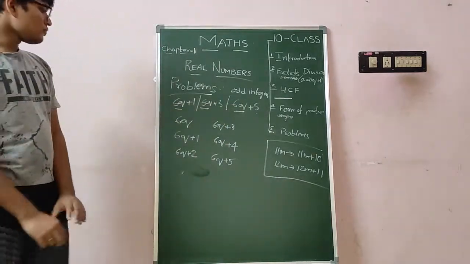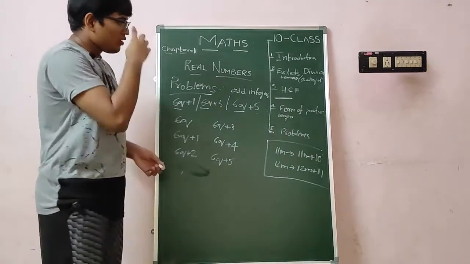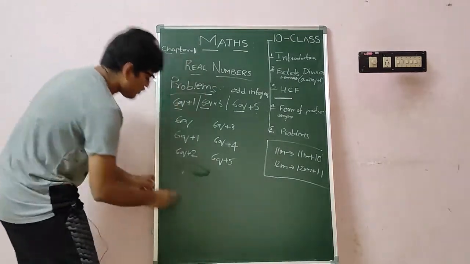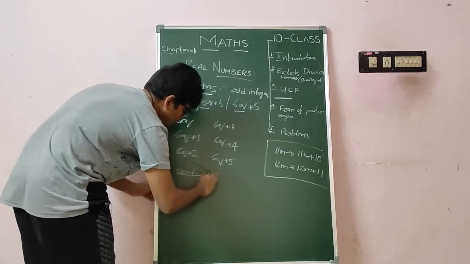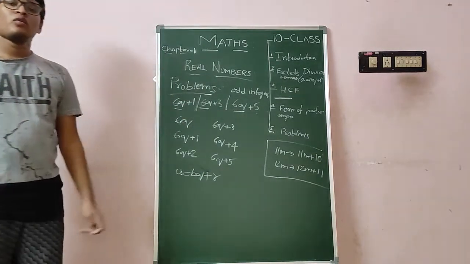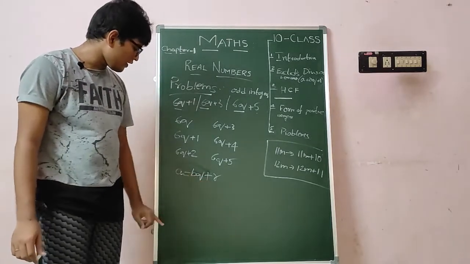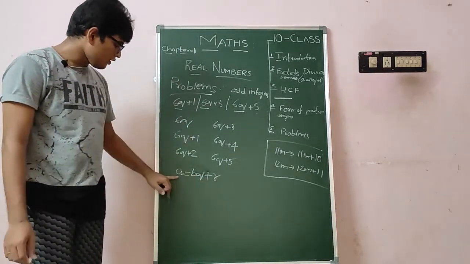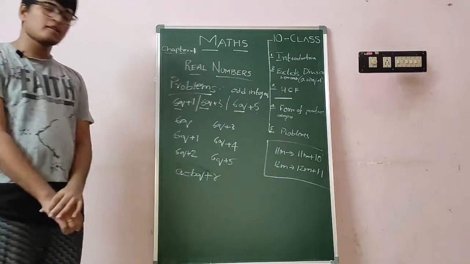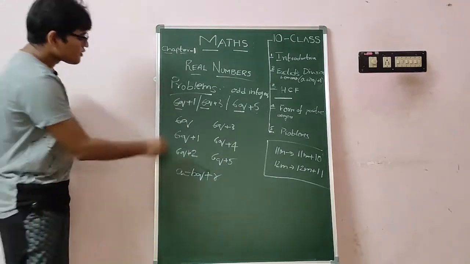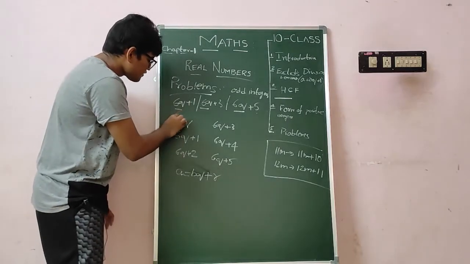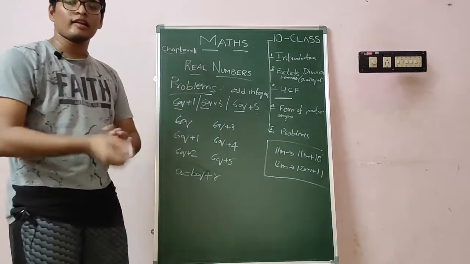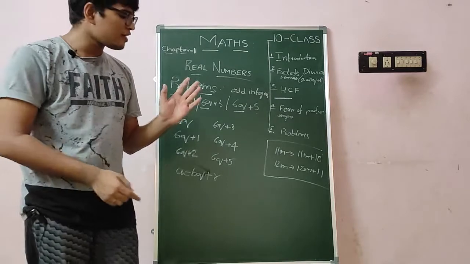From Euclid division lemma, we know a equals bq plus r. What is r? Remainder, and a is our number, any number, b is 6. Here you can observe 6 is even, which means 6 into anything will be even. Simple thing, students.